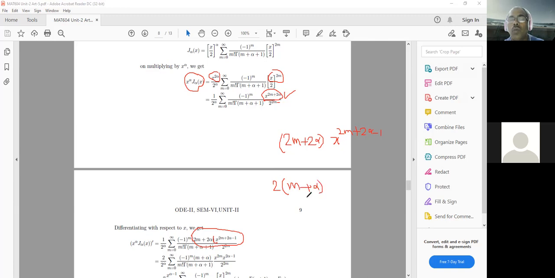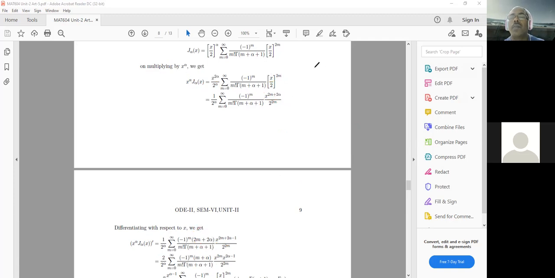After taking 2 common, we can take it outside the summation notation, and that is why we have 2 here. This 2 to the power alpha is as it is, and here this factor is m plus alpha. The rest of the things are the same, and we split this by laws of indices. So this is x to the power 2m into x to the power 2 alpha minus 1.